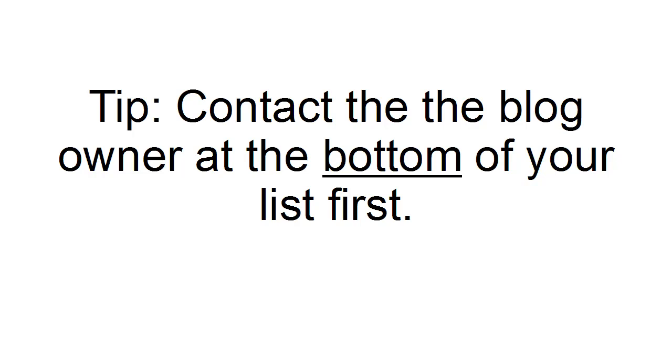They're going to reject them. Well, you can find out why, and you can tweak your approach, you can tweak your blog articles and that sort of thing, and then learn from that experience and move up to the next one. And so by the time you actually get to the person at the top of your list, you stand a much higher chance of being accepted because you've got the experience of submitting them to other blogs.